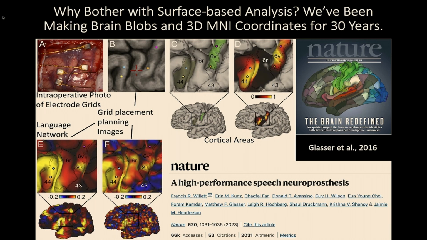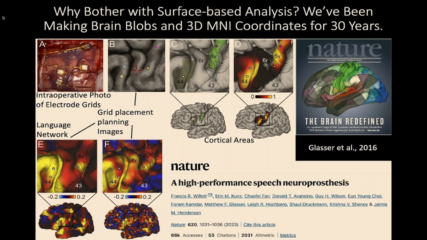One of the really critical factors of success here is putting the recording grid, what's called a Utah array, an 8x8 or 64-channel array, in the right place. You can see four of them here in an intraoperative photo. Where are we going to put that array in the brain to actually be able to record what the person is thinking?